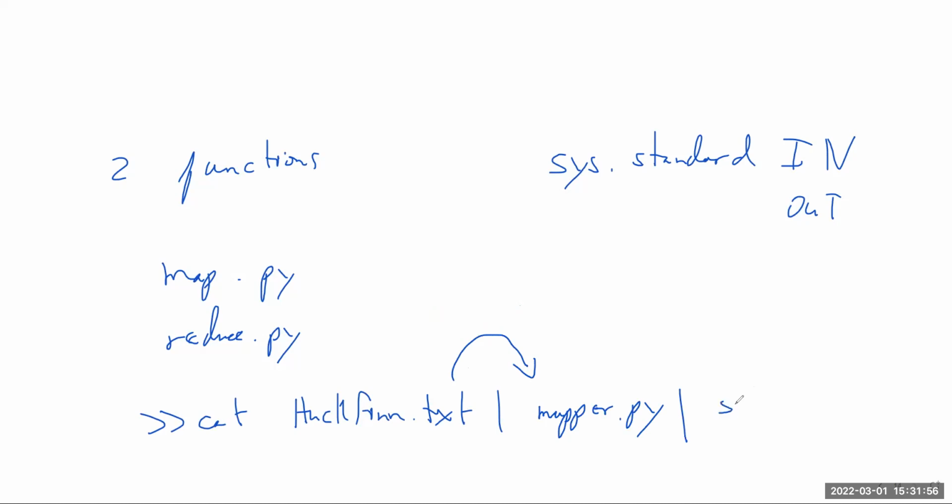Then we pipe this into sort, to sort the data. And then the sorted data will be piped into reduce.py, which again uses standard in and standard out to grab the data into the script directly. Does this make sense? And that's the paradigm shift in parallel computing, basically.